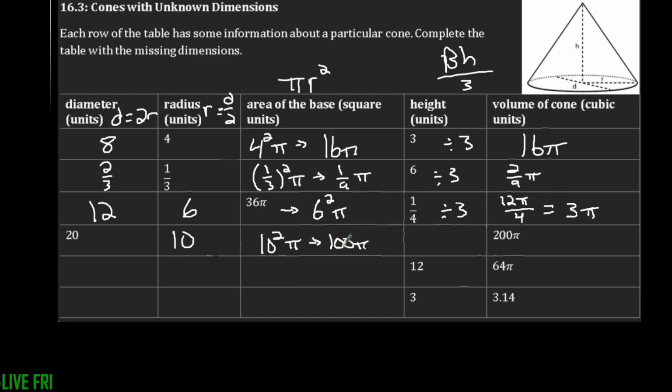So we can fill in the blank. If this is divided by 100 pi, that's equal to 2. I need something where this number divided by 3 is equal to 2. So our height for this one is going to be 6.